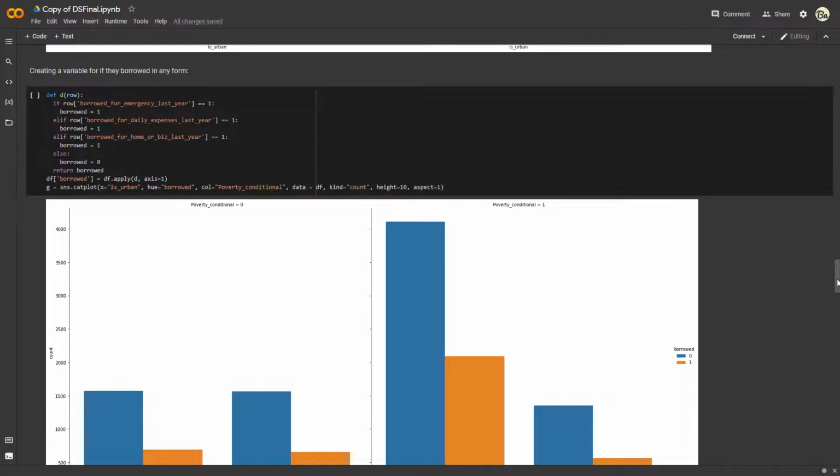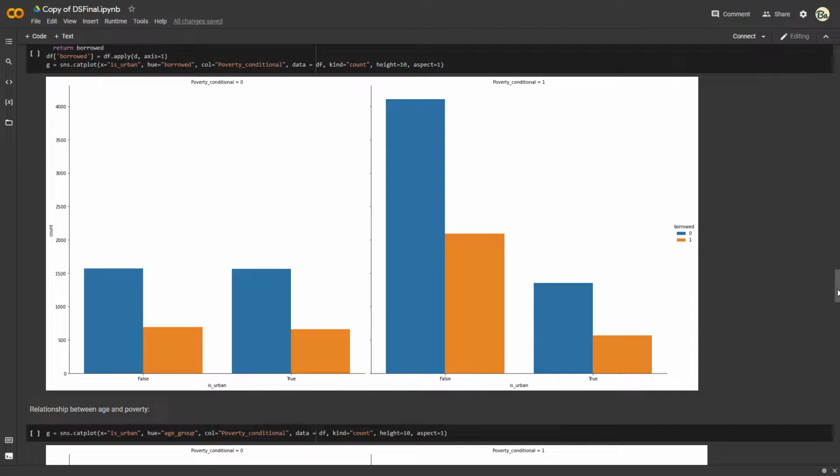And here it determines how much loan people borrowed for various things, such as emergencies or daily expenses, and various kinds of home loans, etc. Here we should determine that in urban areas, the people who borrow a larger amount are basically in the poorer section.